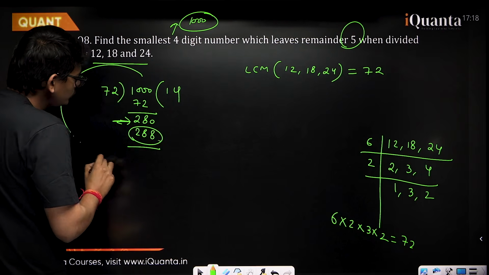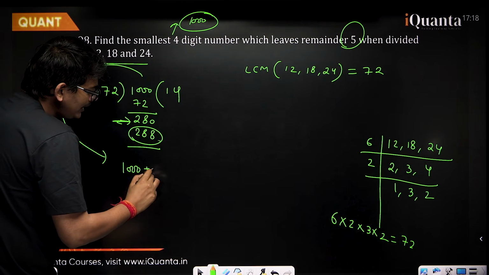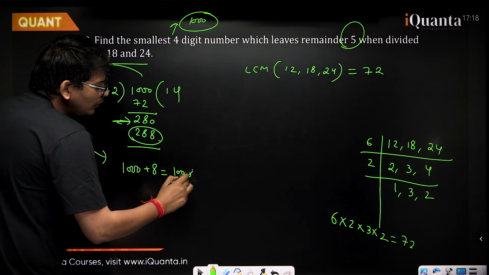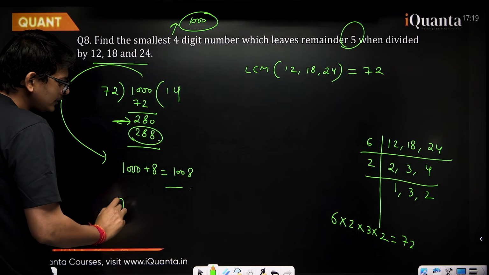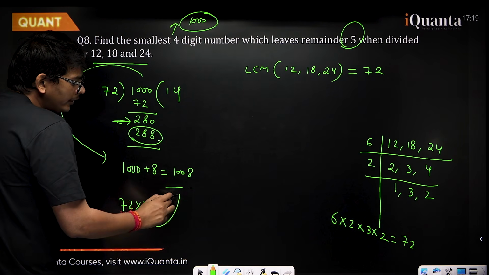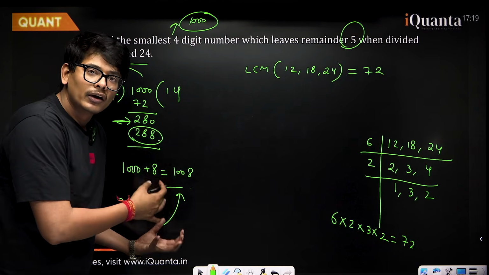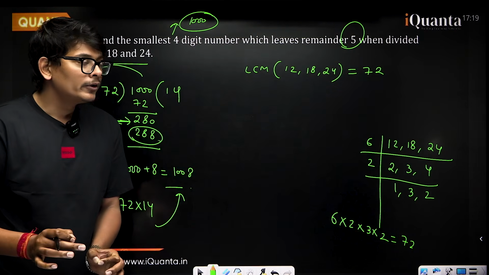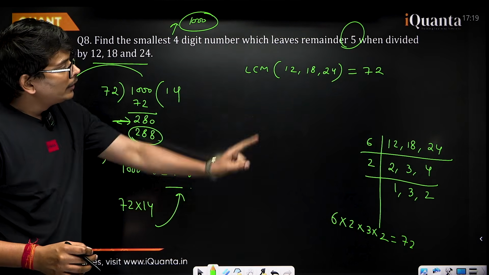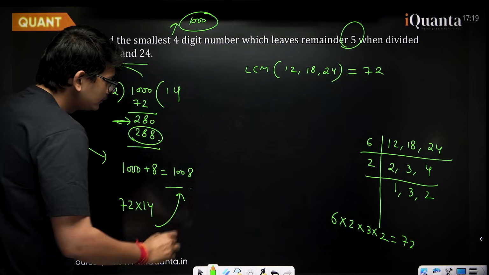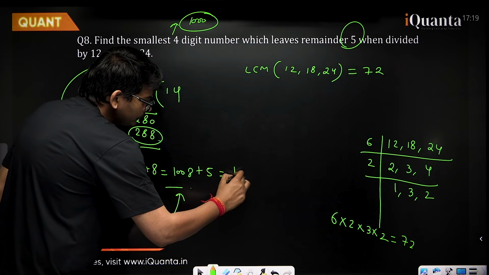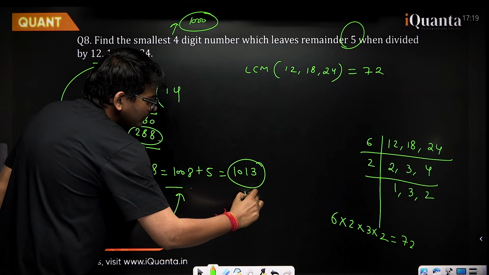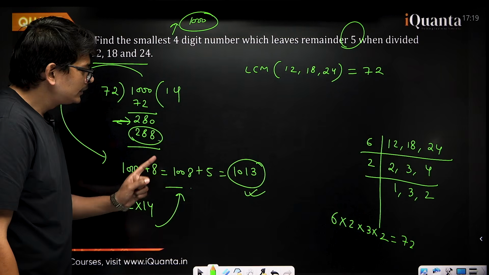So 1000 plus 8, 1008. Or you could have done 72 into 14. In this way also you could have reached 1008. So 1008 is the smallest 4-digit number which is a multiple of 72. Now you have to add the remainder. So final answer is, guys, 1013.